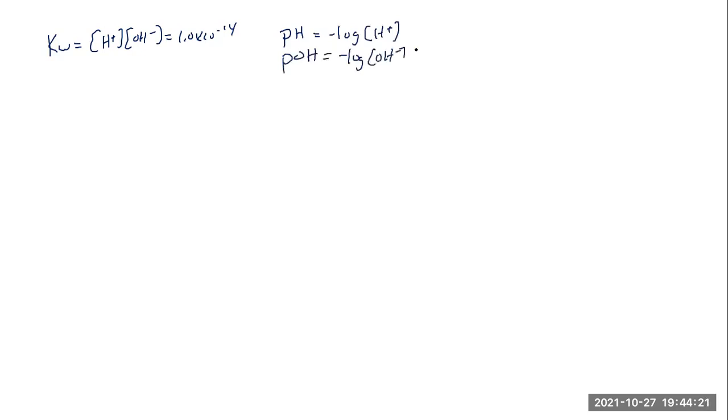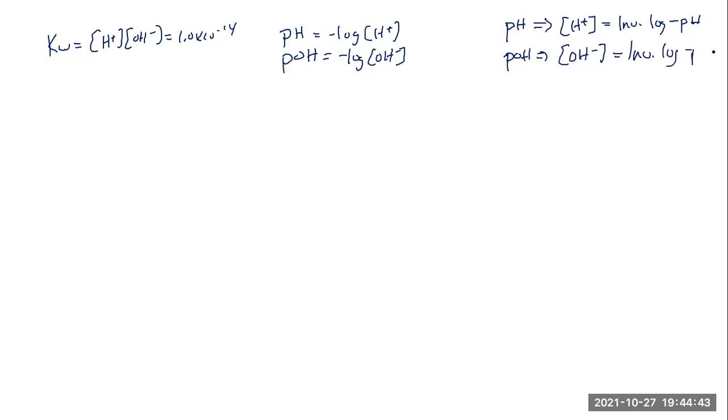Then we also had another grouping: if you're given the pH, you could get the H plus concentration by taking the inverse log of the minus pH. And if you have the POH, you could get the OH minus concentration by taking the inverse log of the minus POH. So these are our grouping of formulas that we had in the acid-base chapter.